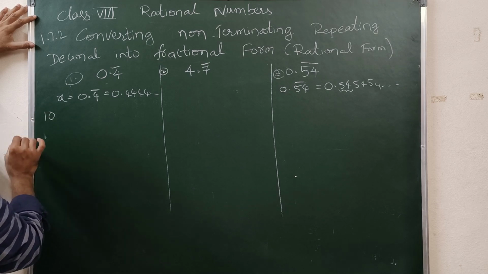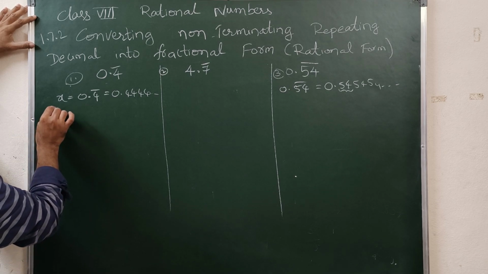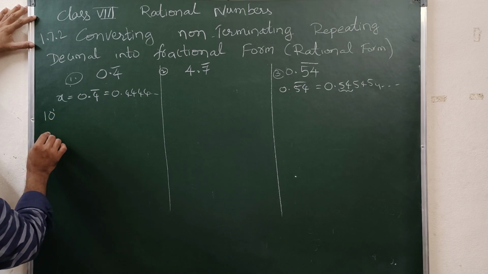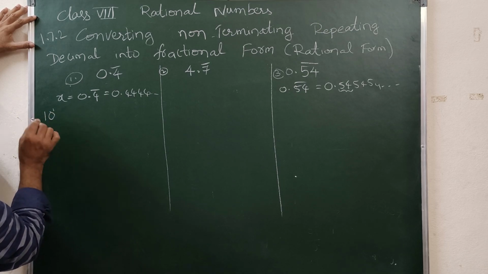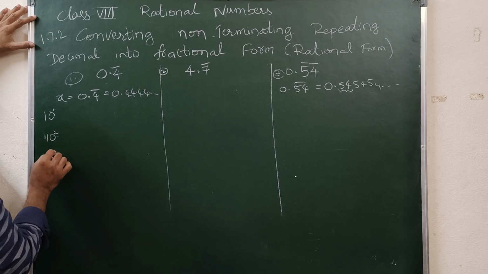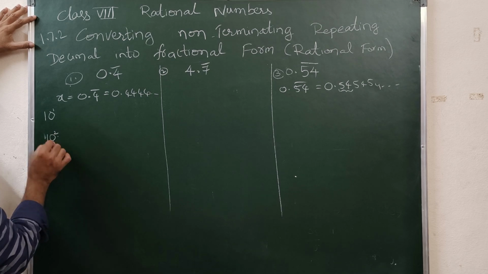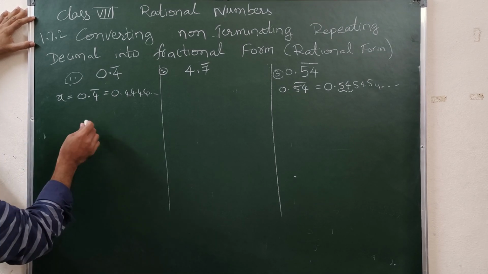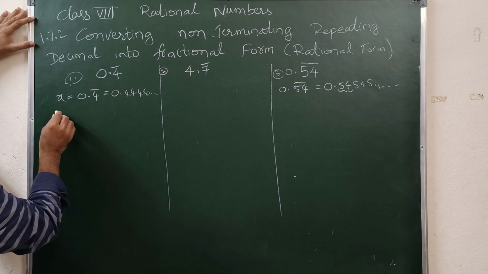If periodicity is 1, multiply by 10 power 1. If periodicity is 2, multiply by 10 squared, which means 100. If periodicity is 3, multiply by 10 cubed, 1000. In that way you multiply the equation, which means multiplying on both sides.